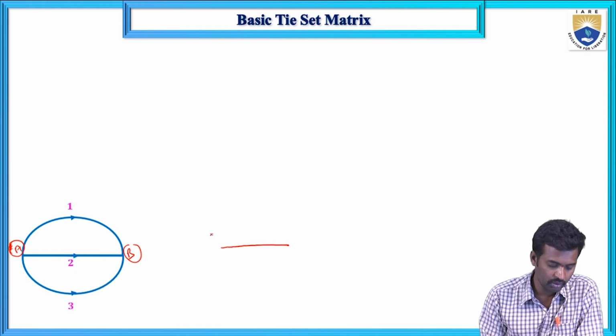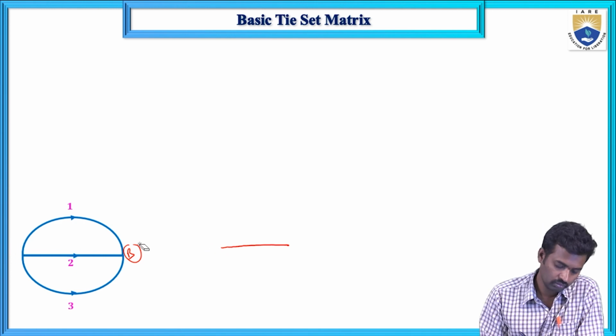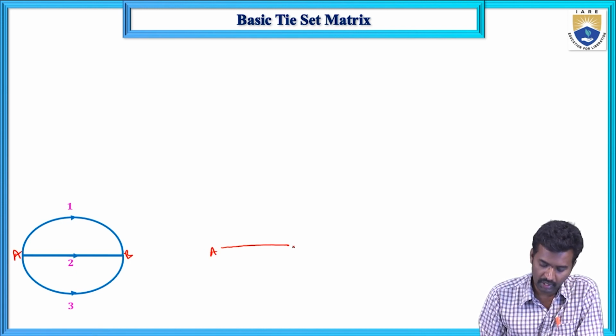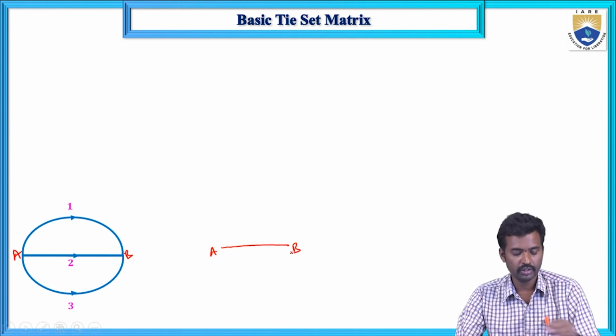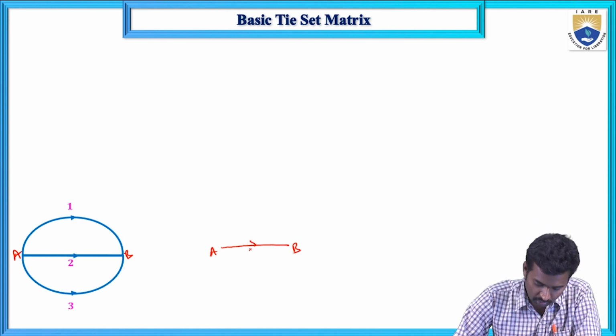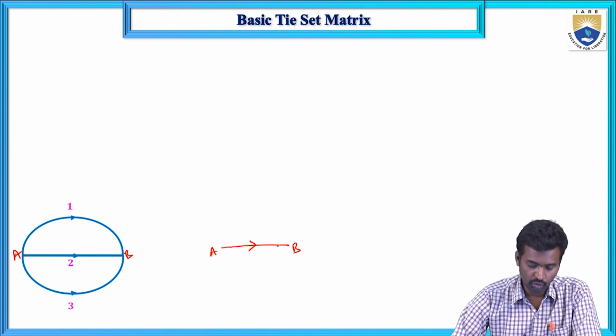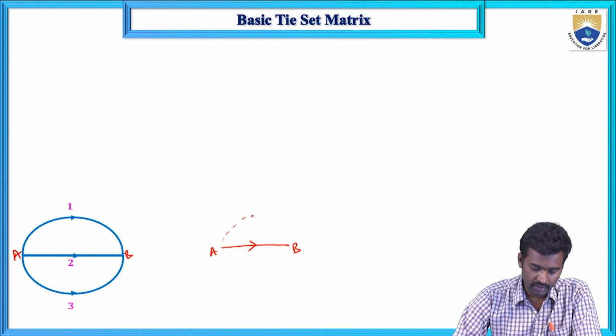This tree consists of only one branch. This is the twig, and the remaining elements are links.